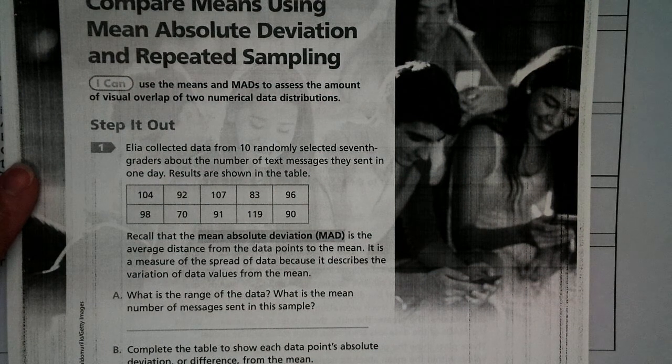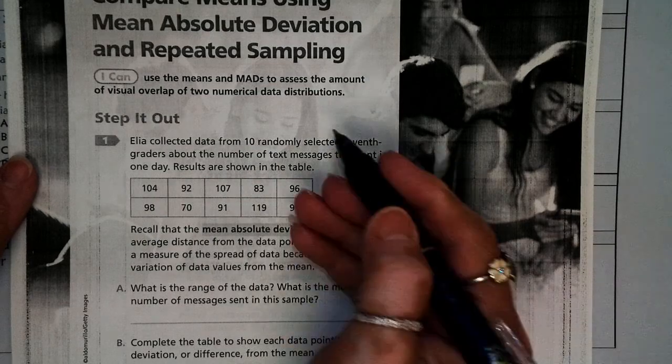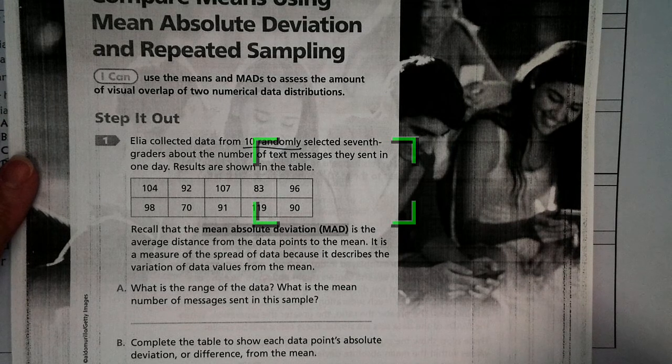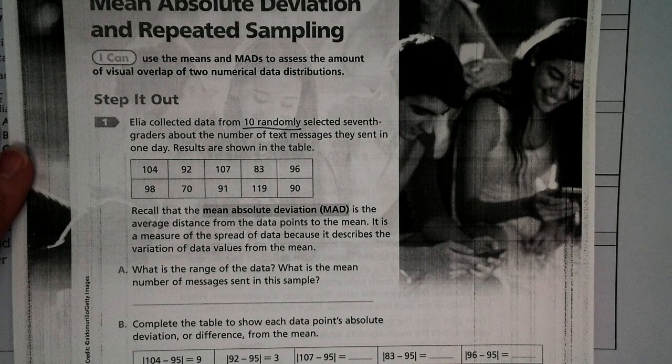Okay, it says, Eli collected data from 10 randomly selected 7th graders about the number of text messages they sent in one day. Results are shown in the table. Recall that the mean absolute deviation is the average distance from the data point to the mean.